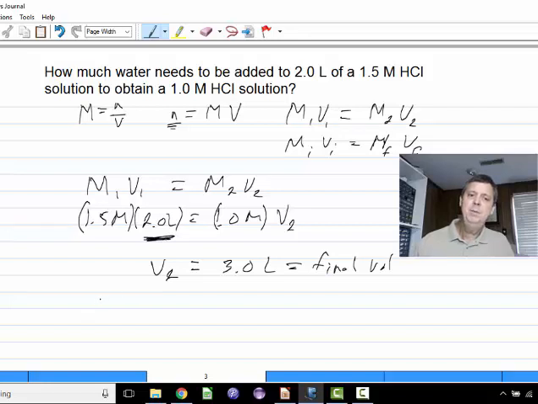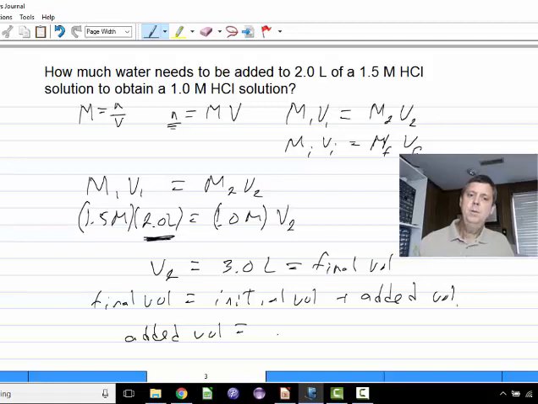Think of it this way: final volume equals initial volume plus added volume. Therefore, added volume, of course, will be 1.0 liters.